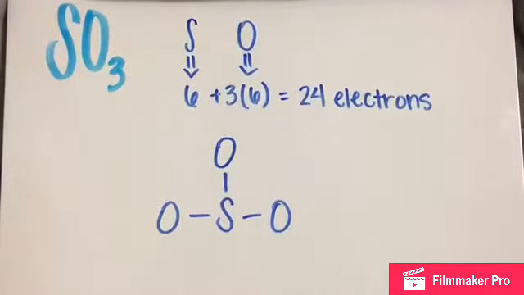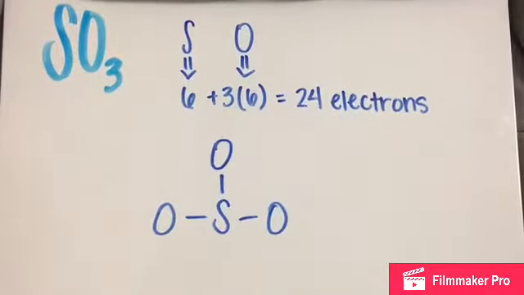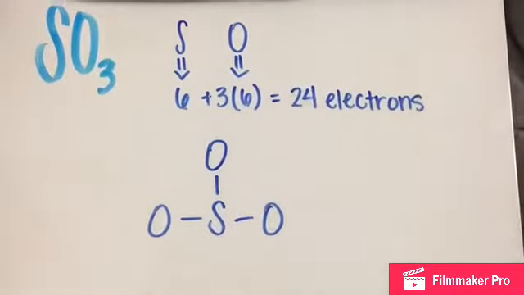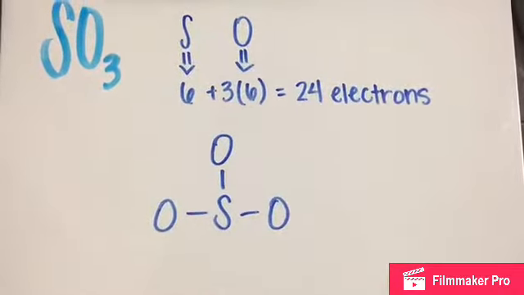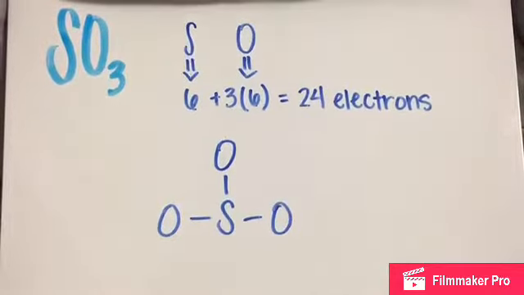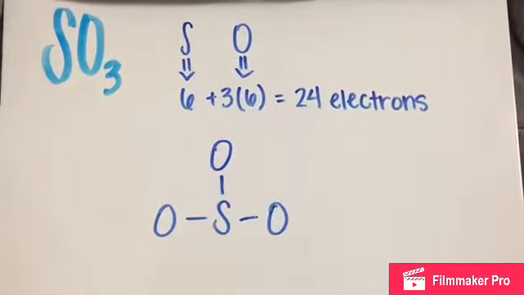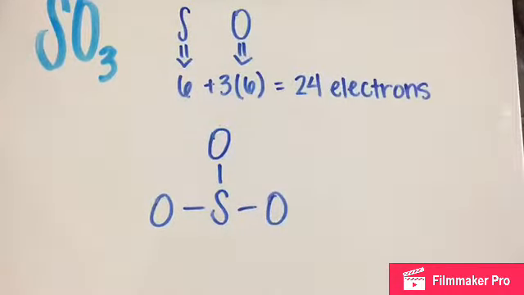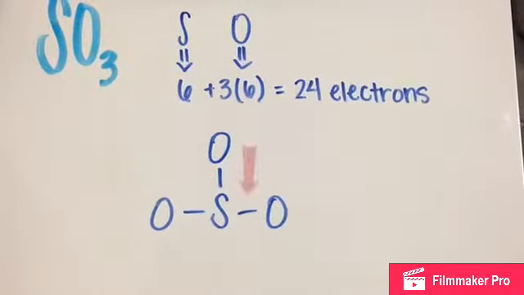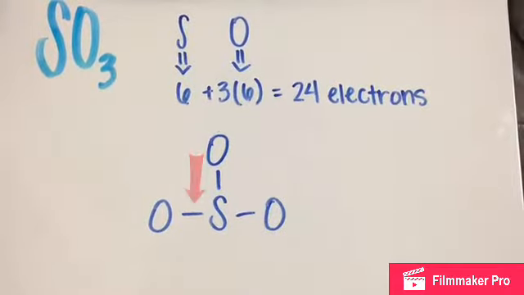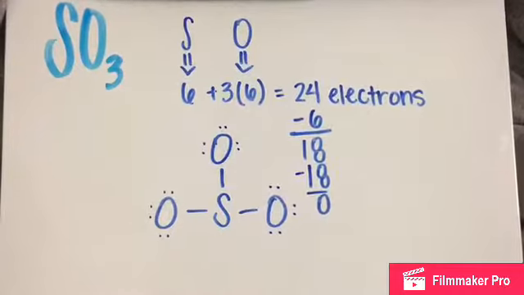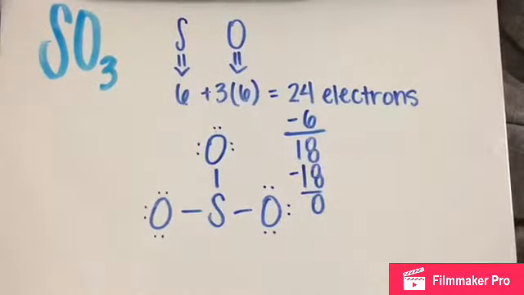The central S atom is bonded to each O atom with a single bond. Each bond is a covalent sharing of 2 electrons. So we see here that we have used 2, 4, 6 electrons already. After we use those 6 electrons, we have 18 left.